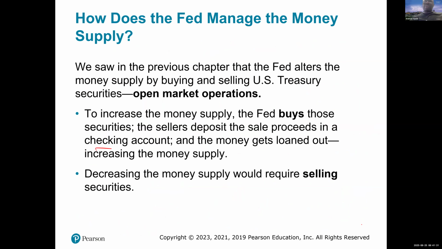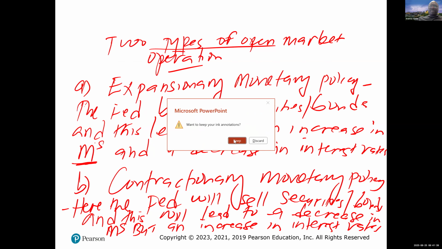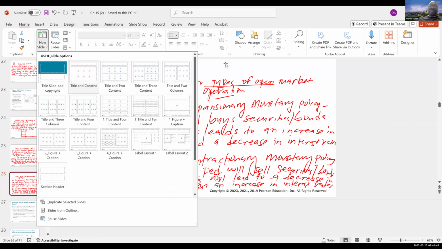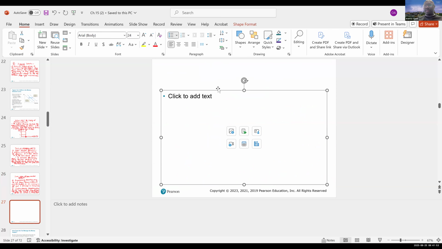Okay, to see how interest rate is going to change, I'm going to use a graph and put things in an equilibrium context, because we talked about money demand. The money demand slopes downwards, but the money supply is vertical because it's fixed. Money supply is fixed by the Fed. Okay, so let's put things in equilibrium to see how these contractionary and expansionary monetary policies work.